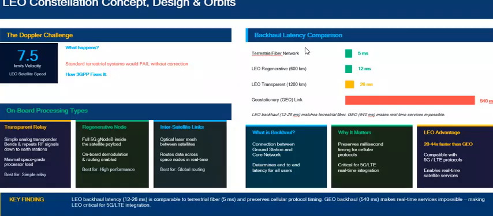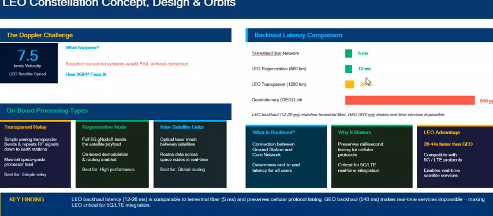So we have a comparison: terrestrial fiber network, 5 milliseconds; Leo regenerative, which sits at 600 kilometers, 12 milliseconds latency; and Leo transparent, which sits at 1200 kilometers, 26 milliseconds latency. Geostationary has 540 milliseconds latency.